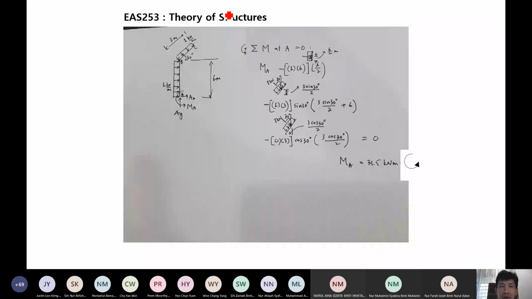So this is what is shown here. So again, I show this diagram. This 3 is the load equivalent to this UDL. And then I get the horizontal component, which is sine 30. This is a horizontal component of this UDL, which is acting 90 degrees to the member.